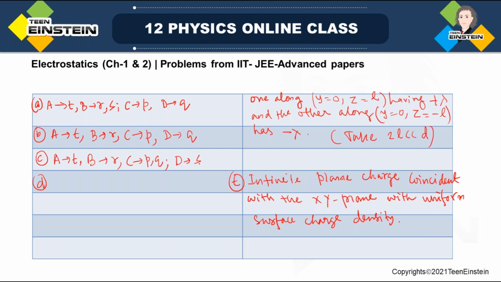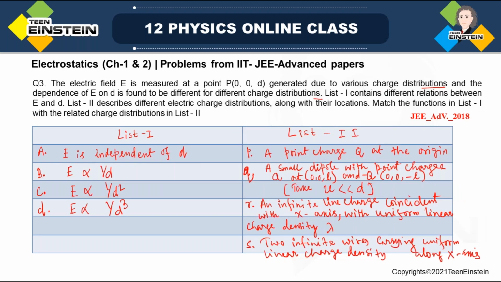We have to solve this problem. I'll read out the whole problem quickly and then we'll solve it. Sometimes we may be hesitant to attempt a lengthy question, but lengthy questions are not always tough. Sometimes they are very simple, and short two-line questions may be very tough to answer.